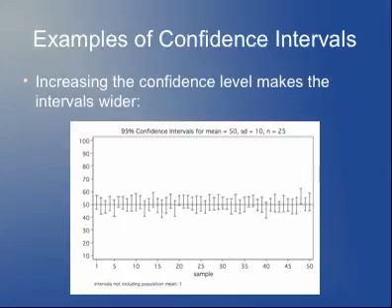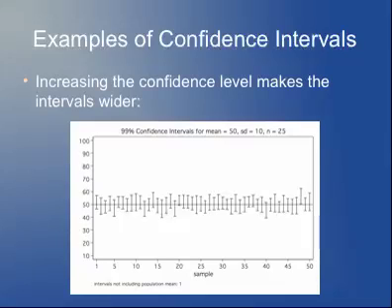This shows the same example from the previous slide where I do 99% confidence intervals rather than 95, and you can see the confidence intervals are wider, but the probability that a given interval doesn't contain the true mean goes down.